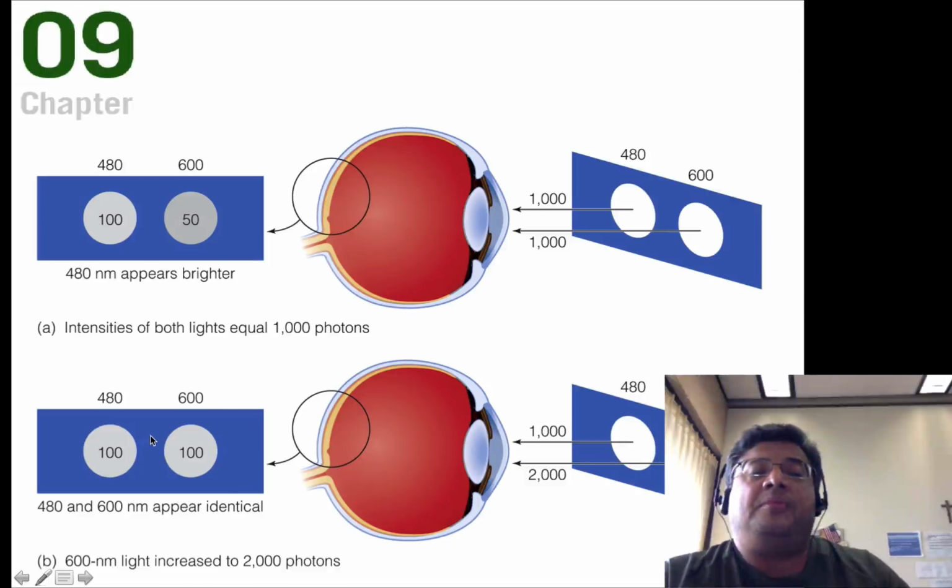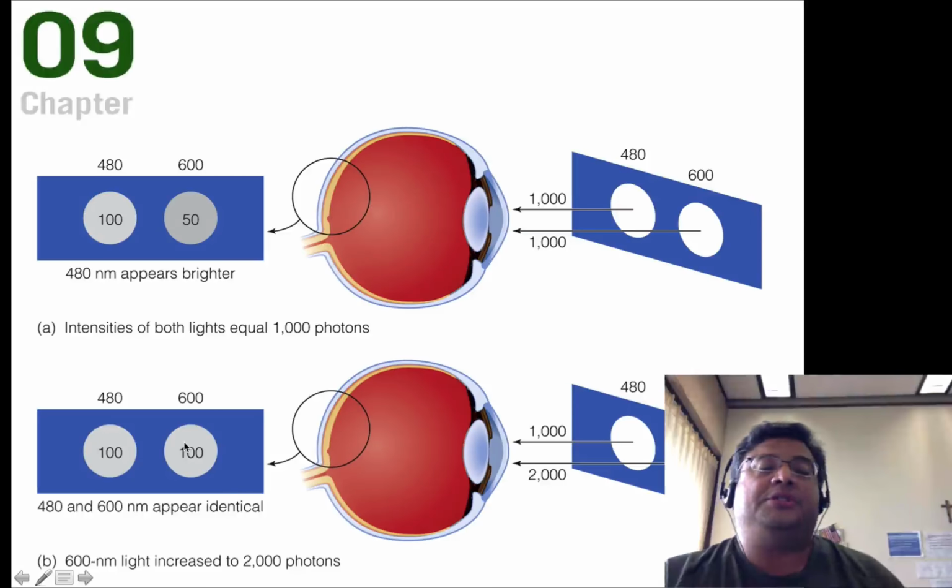And once again, remember that's because this particular receptor that we're looking at here is sensitive to 480. It likes to isomerize at 480. So the way we push it to isomerize at 600 is by shining twice as much 600 light into the eye.